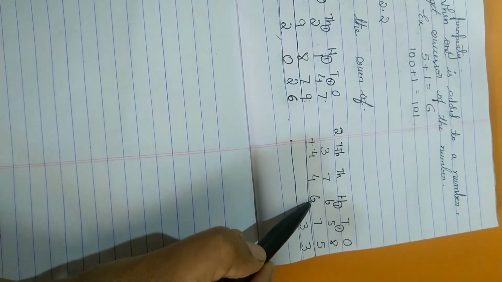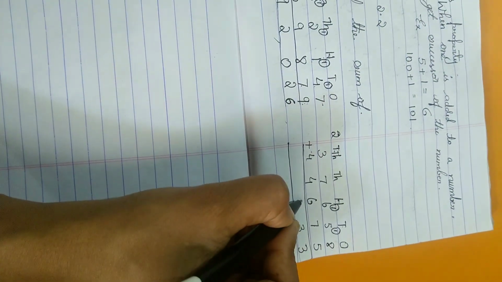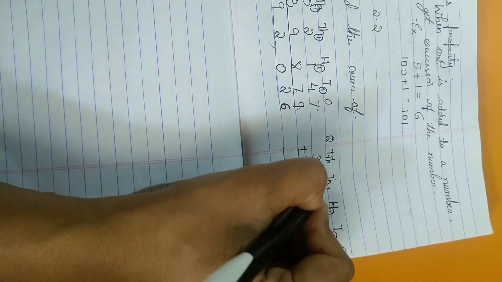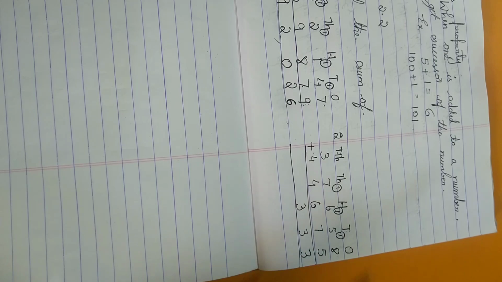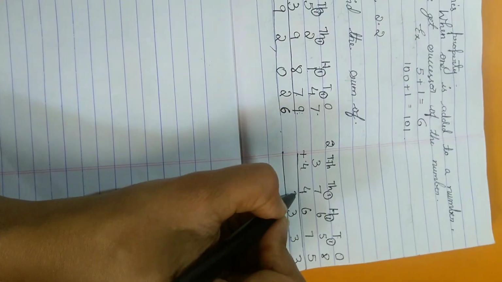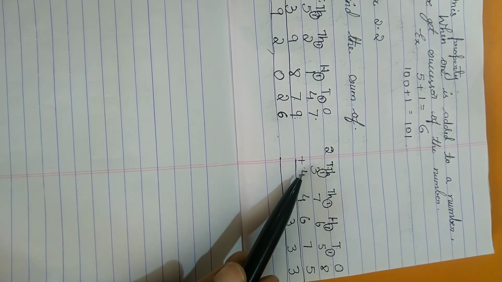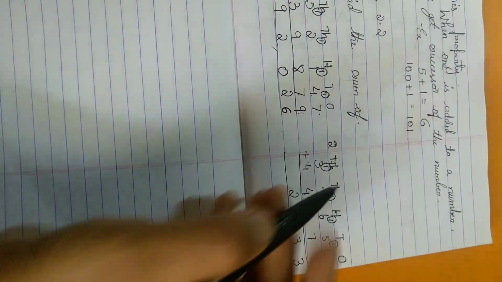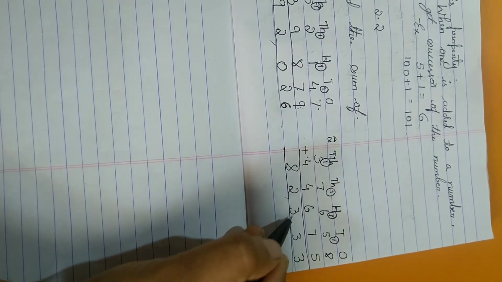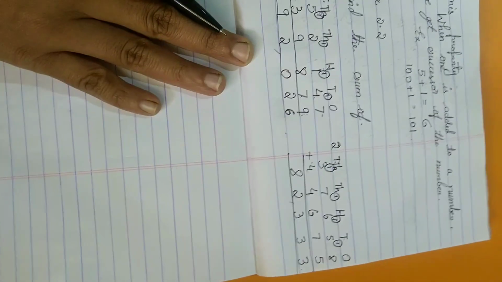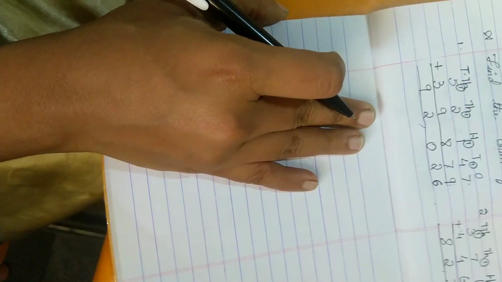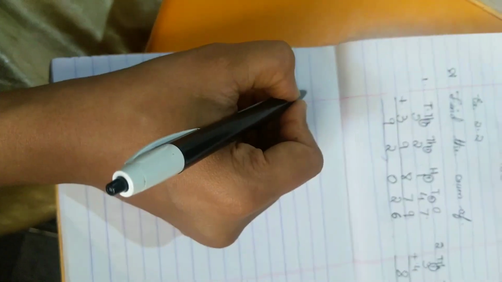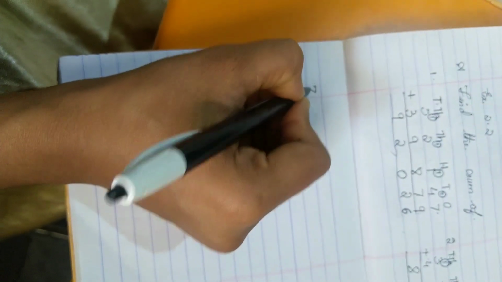Again 6 plus 6 is 12 plus 1 is 13 again. 3, 1 carry. 7 plus 4 is 11 plus 1 is 12. 2, 1 carry. 3 plus 4 is 7 plus 1 is 8. My answer is 82,333.